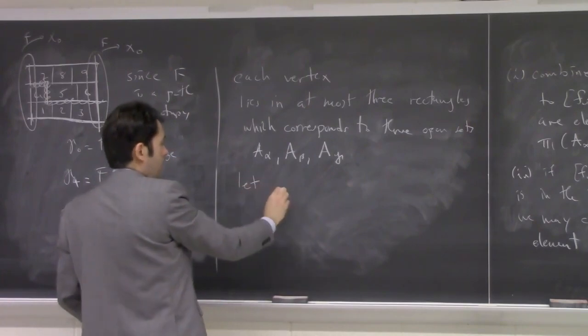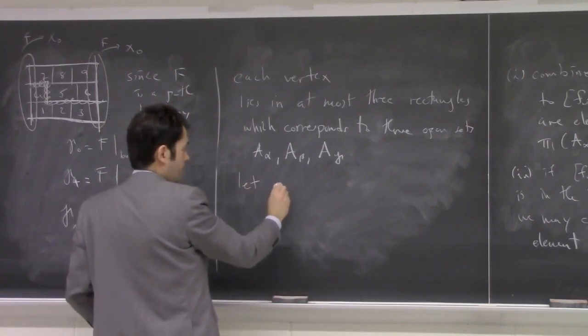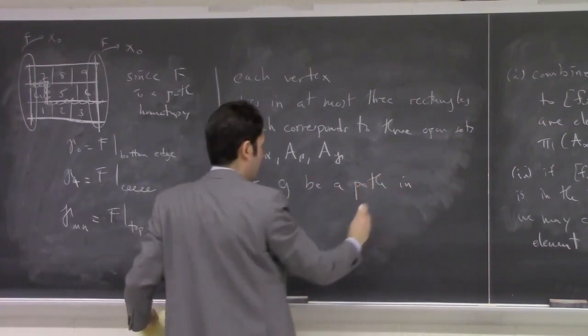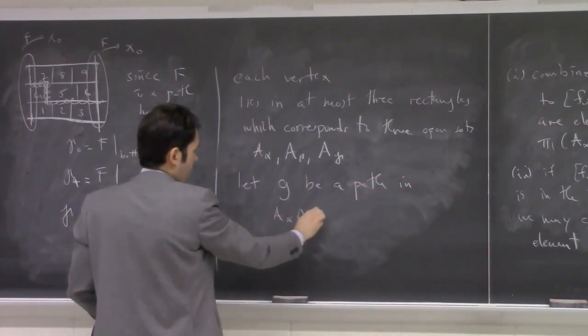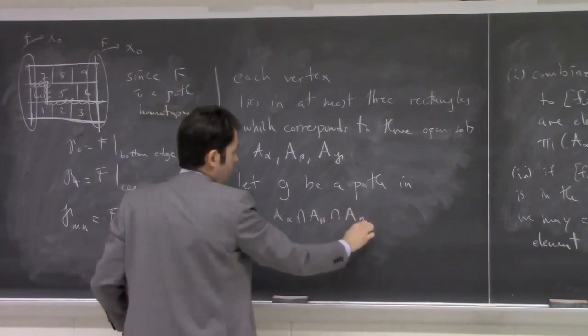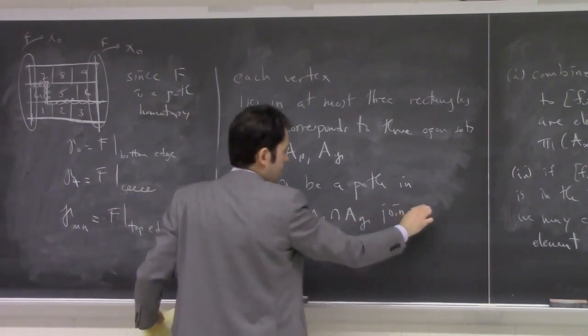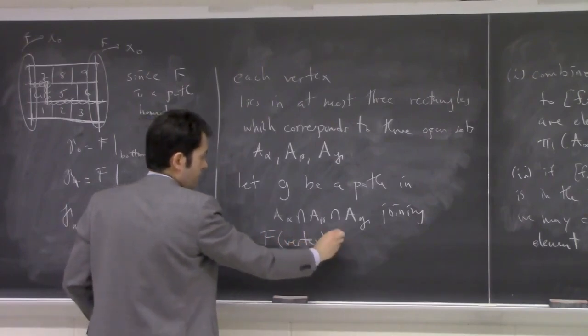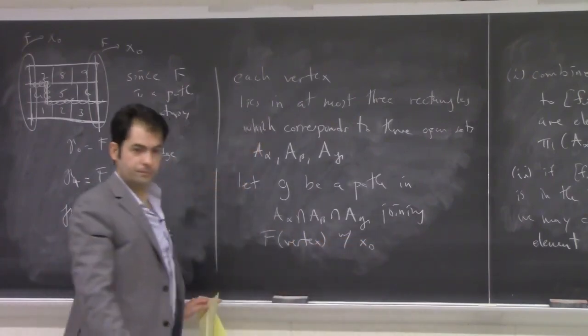So let G be a path in A alpha intersect A beta intersect A gamma, joining f of the vertex with x naught. Right?